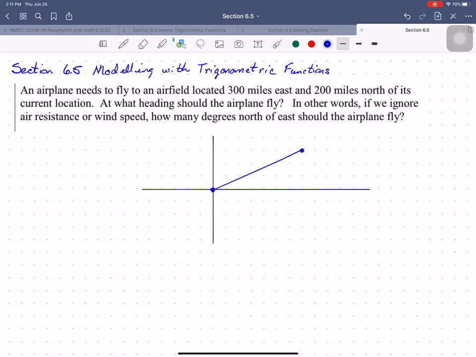We know we need to go that direction. And we know that this is 200 miles because the airfield is 200 miles north of my current position. And this is 300 miles. Now, what we need to figure out is what heading we need to set on our compass. In other words, what is that angle theta?